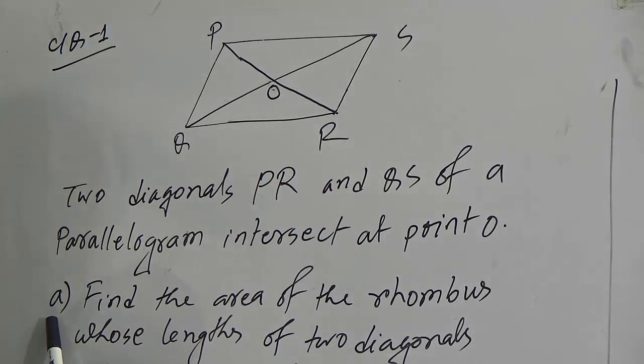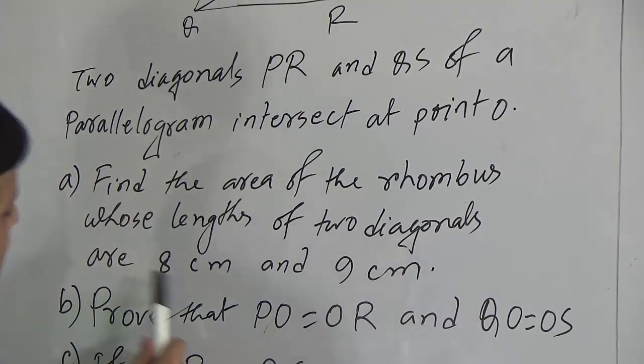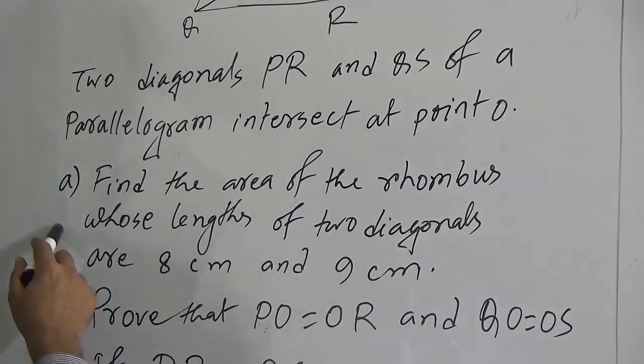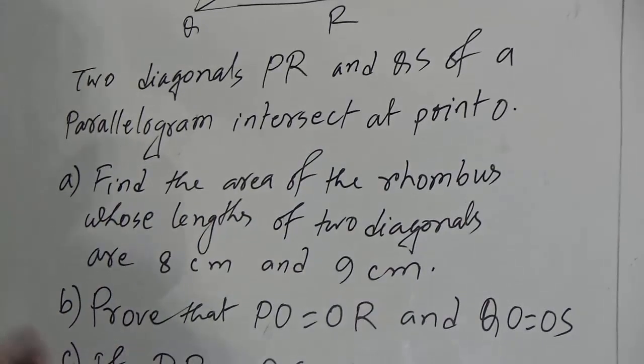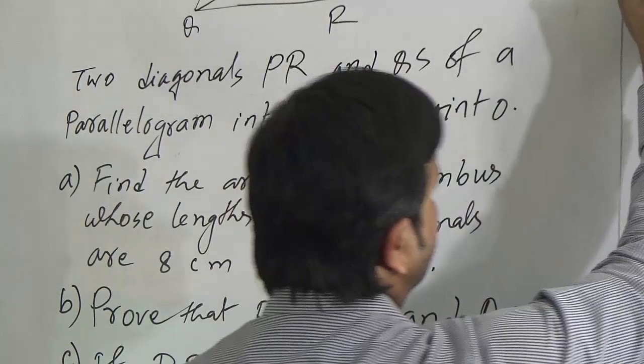Now first question A. Find the area of the rhombus whose lengths of two diagonals are 8 cm and 9 cm. It means that when the length of two diagonals are given, we need to determine the area of the rhombus. Dear students, so let us see how we can solve the first question at first.